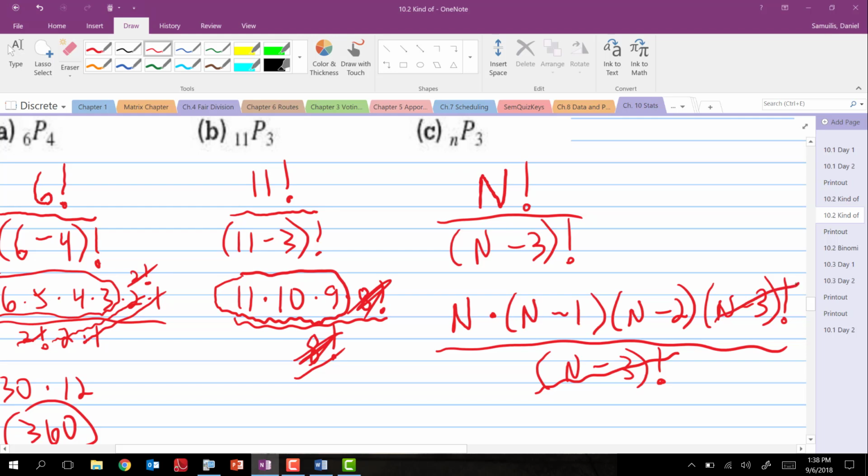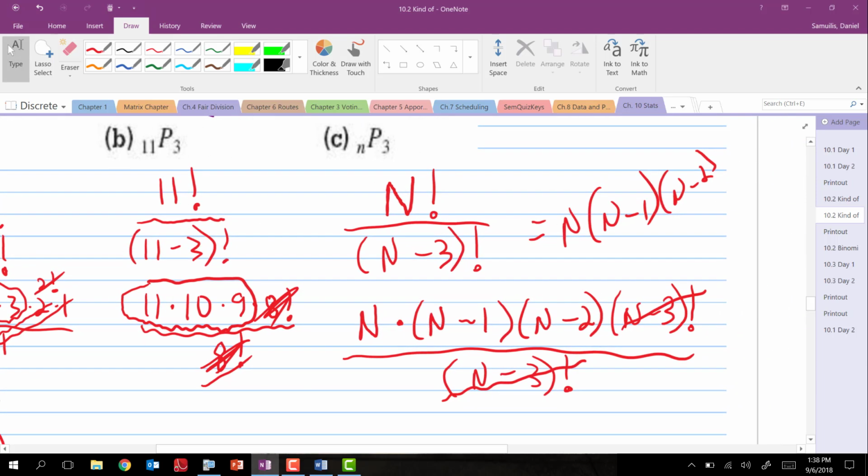Right? So what's the final reduced answer? This is n times n minus 1 times n minus 2, simplified. And what this says is anything P3, like 72 P3, would be 72 times 71 times 70. Did you just hear that?